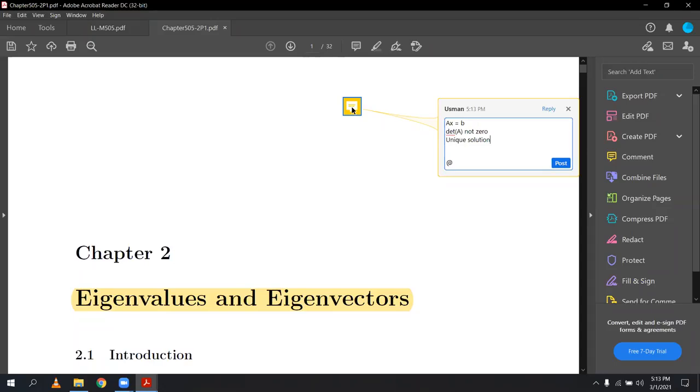Now, in the case of our new part of the syllabus, which is the eigenvalue and the eigenvector, our system must be homogeneous. And a homogeneous system means your right-hand side must be equal to 0.